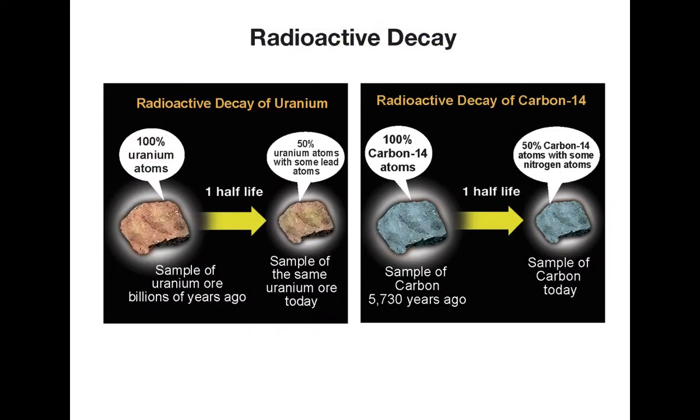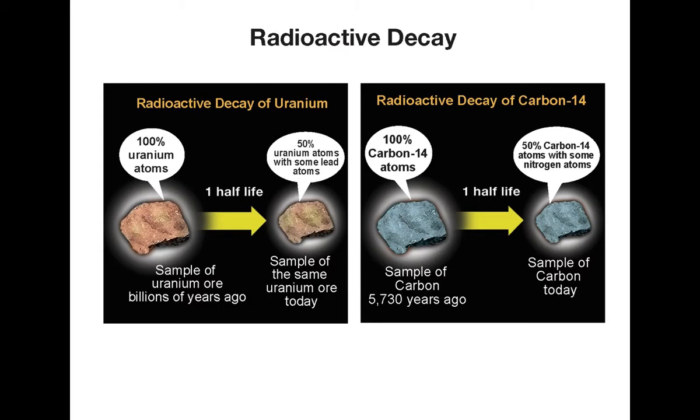So here are those two we were just talking about. Uranium turning into lead, carbon-14 turning into nitrogen. You're both going from radioactive to stable, or unstable to stable, and every time it's going to go through what we call a half-life. If I look at the percentages, you can start to see why we call it a half-life. 100% uranium atoms, as it goes through a half-life, you're going to have 50% uranium, 50% lead.